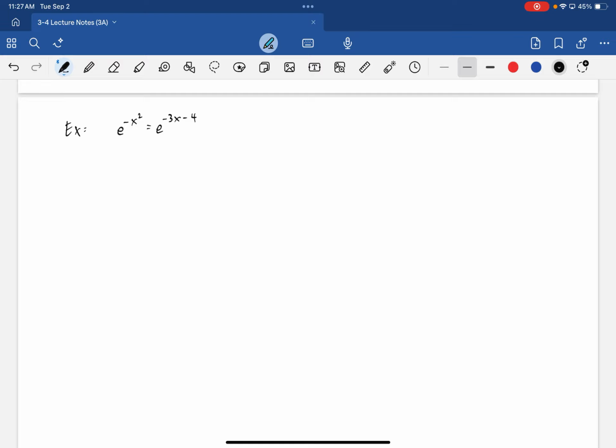One-to-one property, thank you. Because our bases are the same, the exponents must be equal. Negative x squared equals negative 3x minus 4 by our one-to-one property. And we just simplify this.